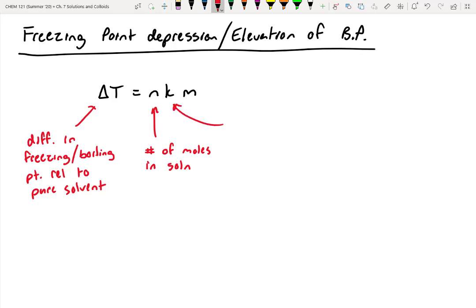And then K is going to be a constant. We have to look these up in a table, and don't worry, I'm not going to make you memorize any of these. We'll practice by looking up some on our own. And then M is a little bit different. This is called molality. The book says that molality and molarity are essentially the same thing. It's kind of true at low concentrations, but let's try to be more specific than the book.